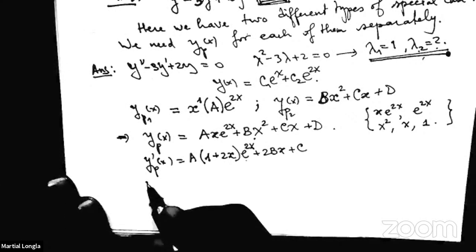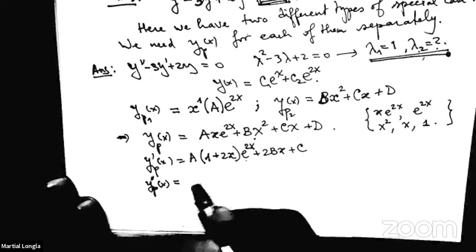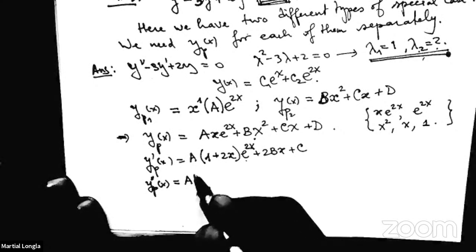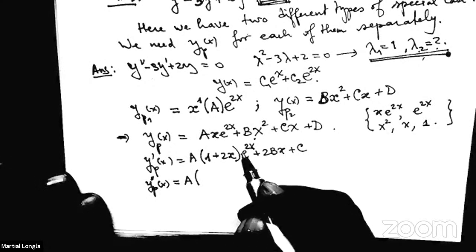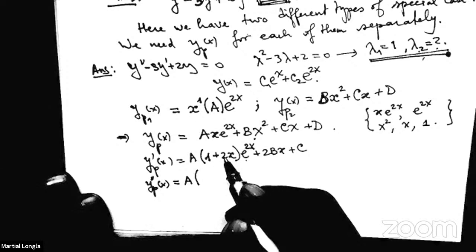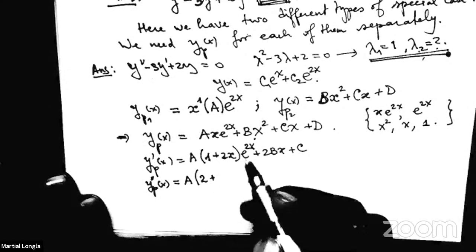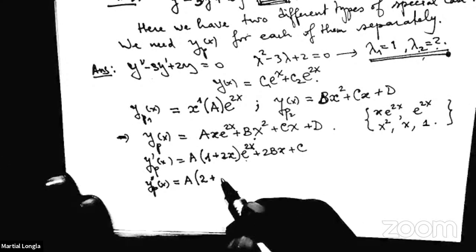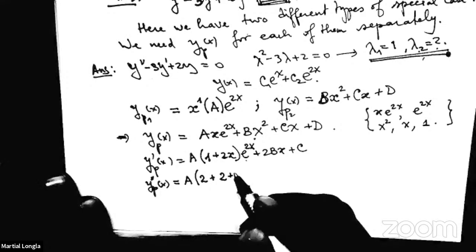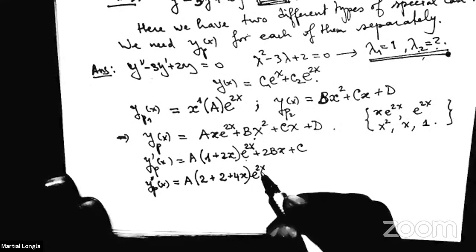Then you take the second derivative. The derivative of this is 2. The derivative of e to the 2x is 2 times that, so that'd be 2, there's 4x e to the 2x.